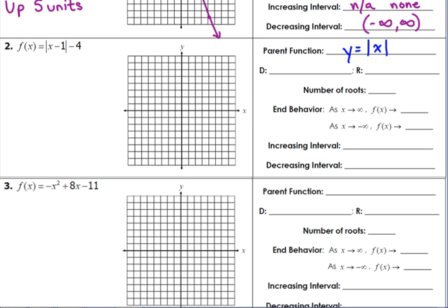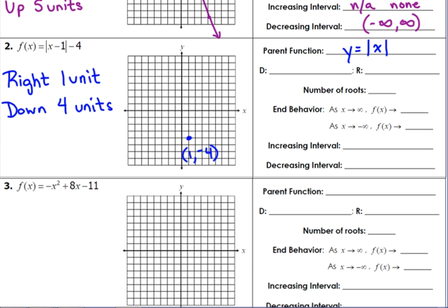So what does that minus 1 do? Right 1. Right 1 unit. What does the minus 4 do? Down 4 units. So we were at the origin, but now we are right 1 and down 4. So our vertex is now at the point 1, negative 4. That's the only thing that we did to this function.